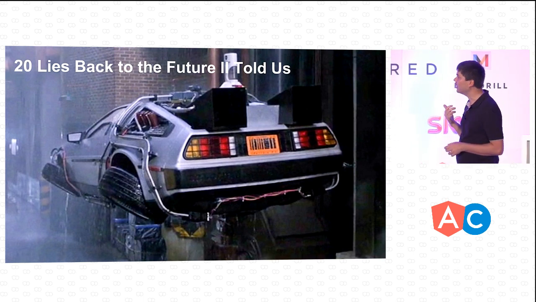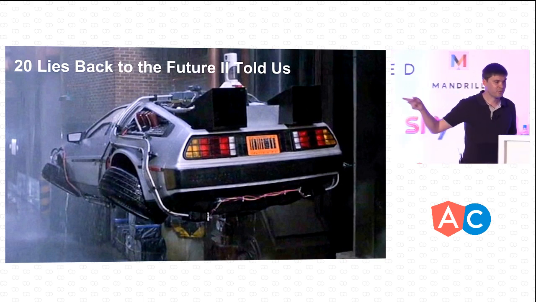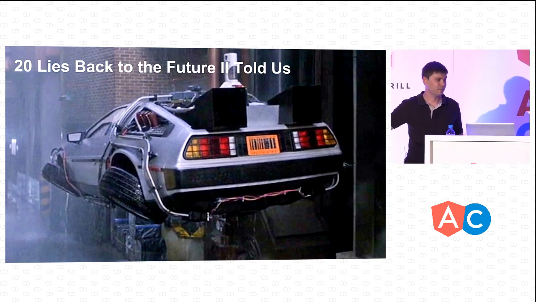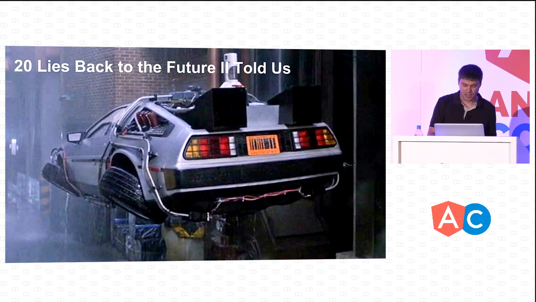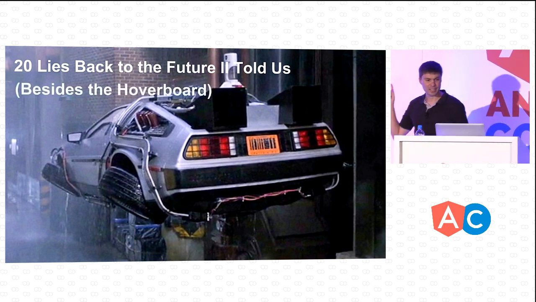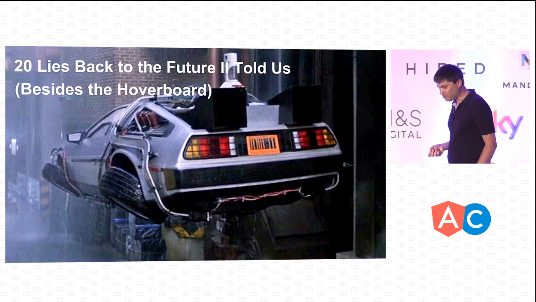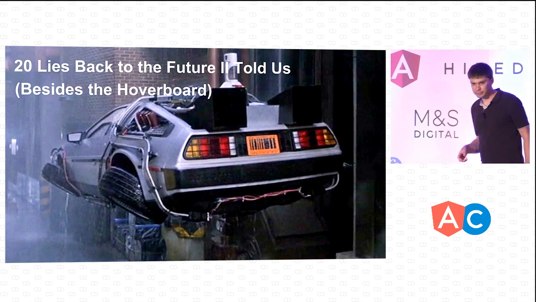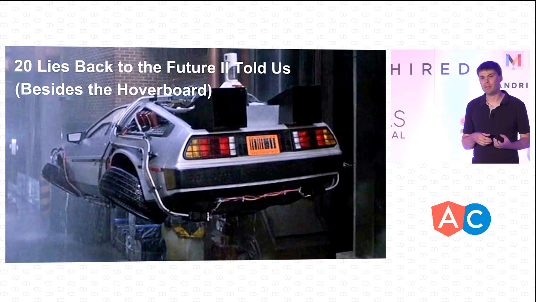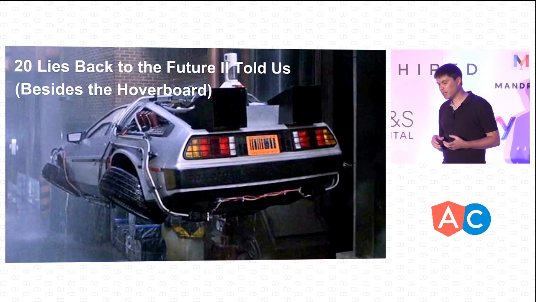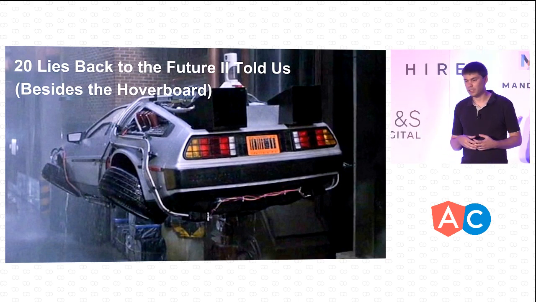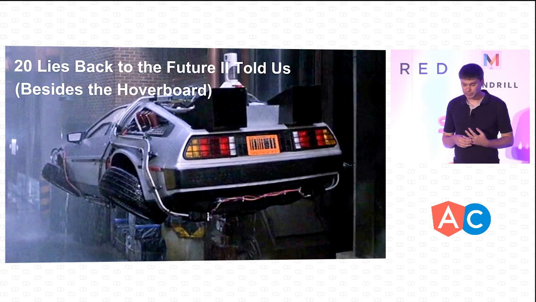We don't have flying cars. There's actually a blog post I found yesterday, "20 lies in Back to the Future 2", which excludes the hoverboard. So we are bad at predicting the future, but there are a few things that can probably happen, and those things will change the way we think about packaging and bundling.